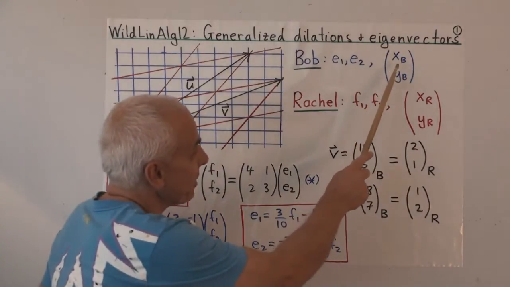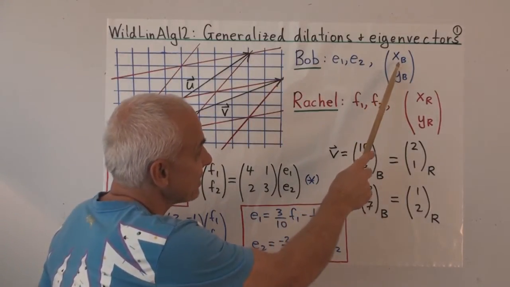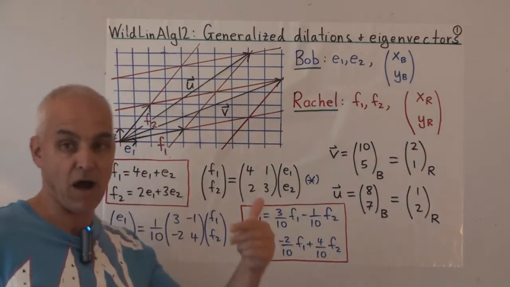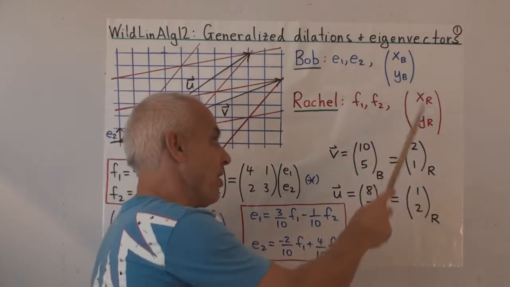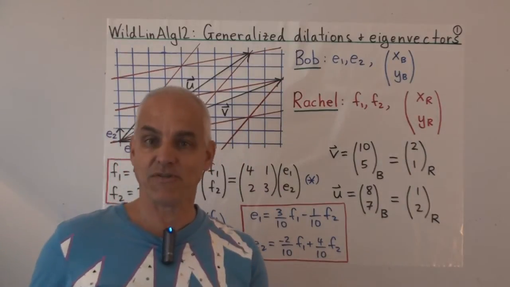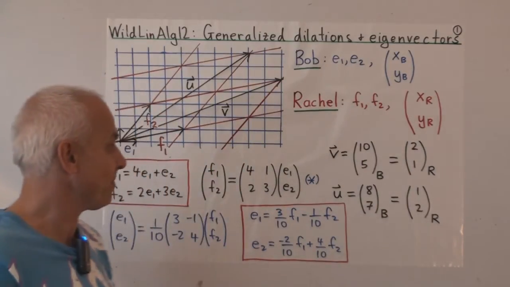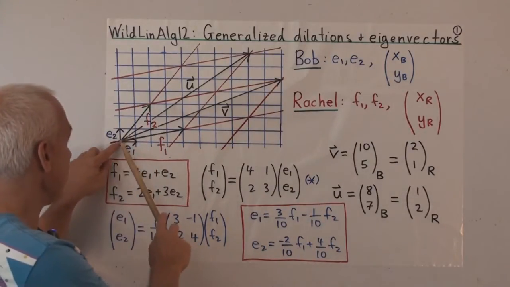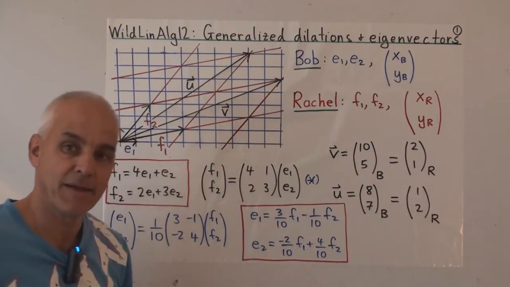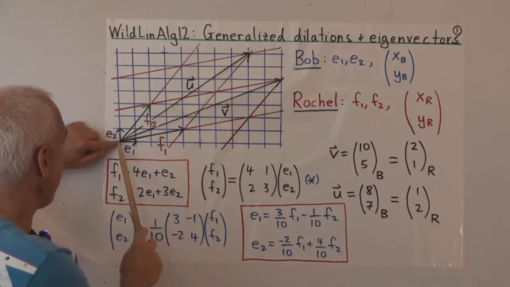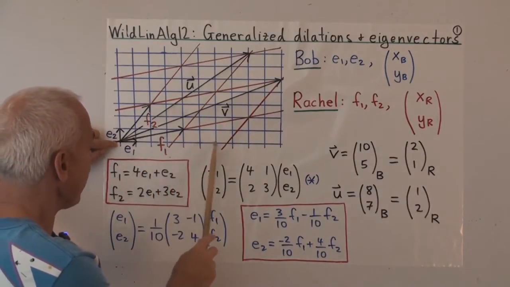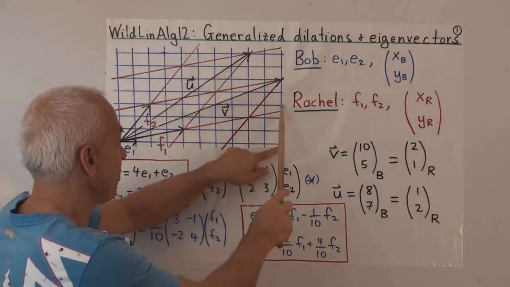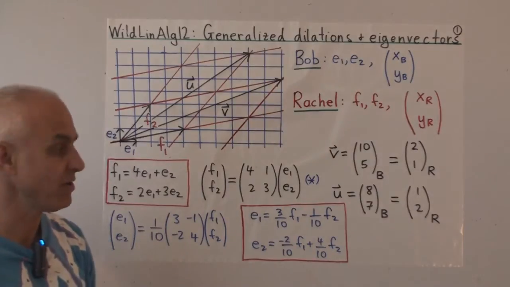So just for some preliminary notation, let's let x_b and y_b represent the coordinates of a vector with respect to Bob. And let's let x_r and y_r be the coordinates of a vector with respect to Rachel. So for example, the vector v, which is from here to here, in Bob's framework would be measured as 10 in the e1 direction and 5 in the e2 direction.